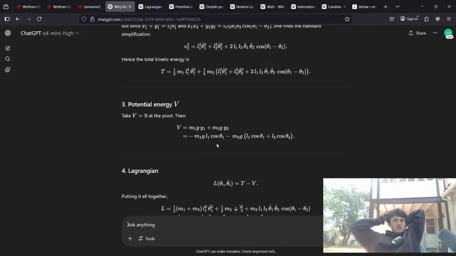Wait, mg y1, hold on. Let's just derive it ourselves.